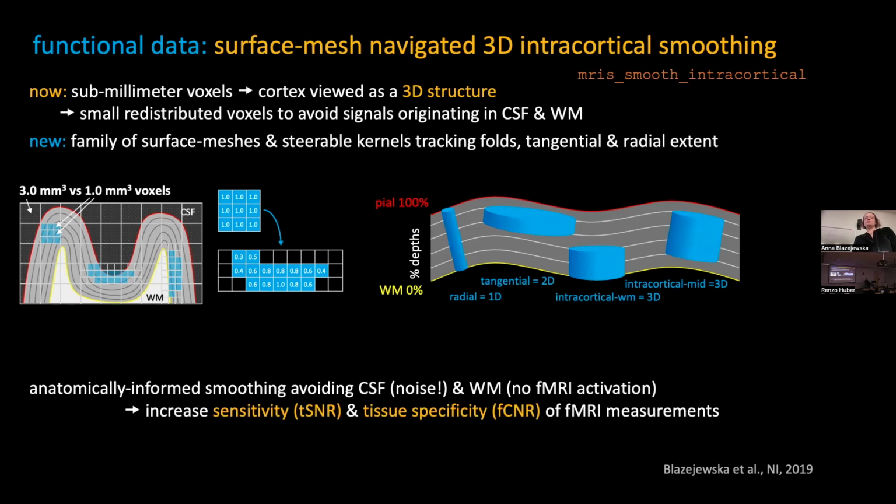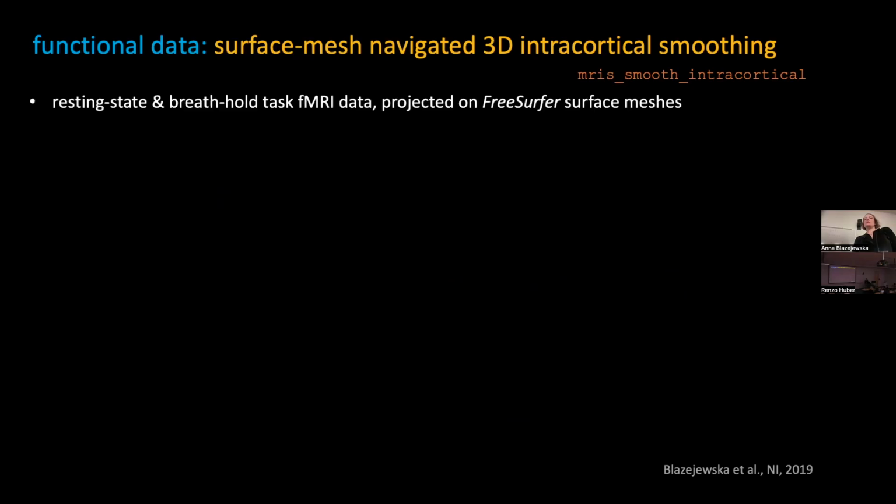So for conventional studies, that would mean that we are trying to increase sensitivity and specificity of the fMRI measurements. And we found that this kind of kernel, no surprise here, that avoids the white matter and pial surface is actually the best for that. We also tested that on both resting state and task data.